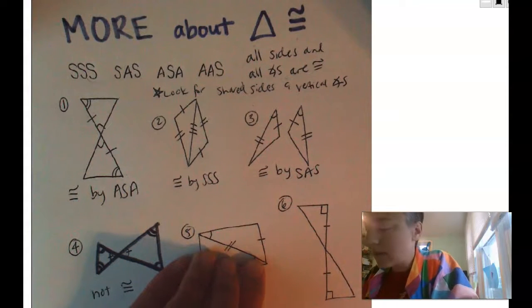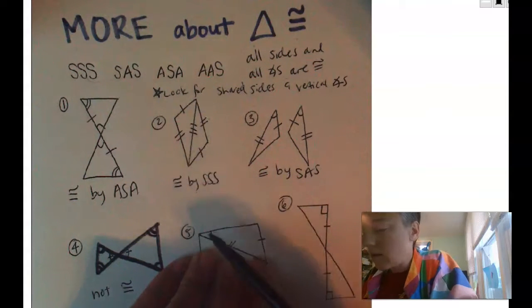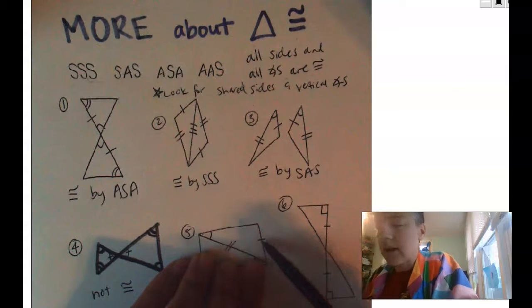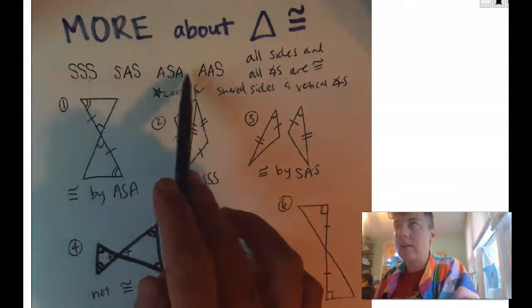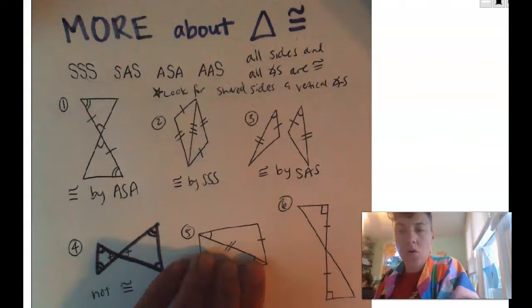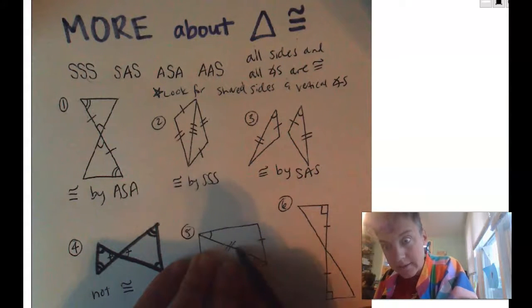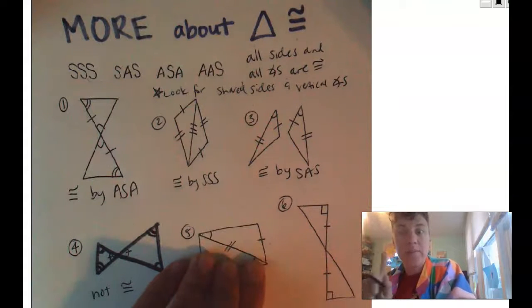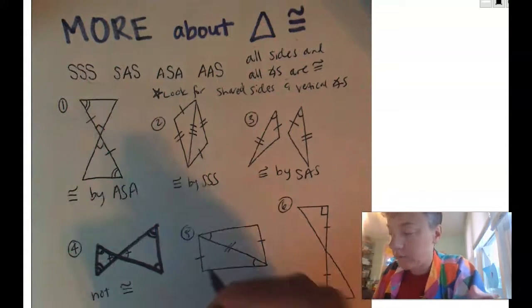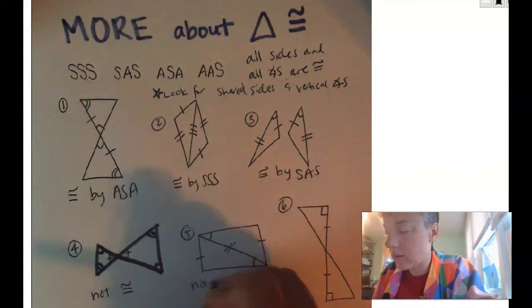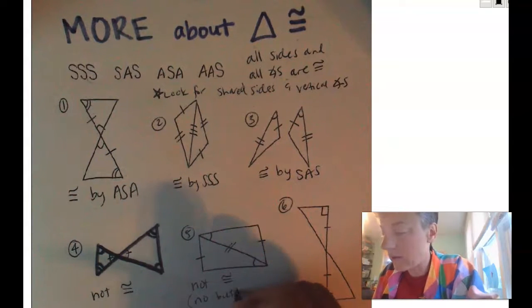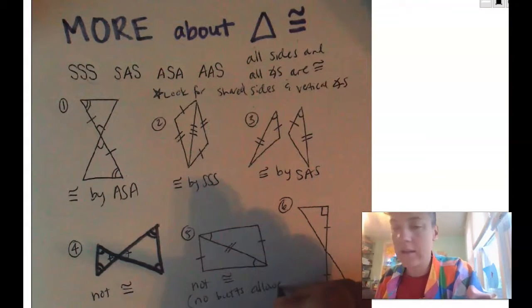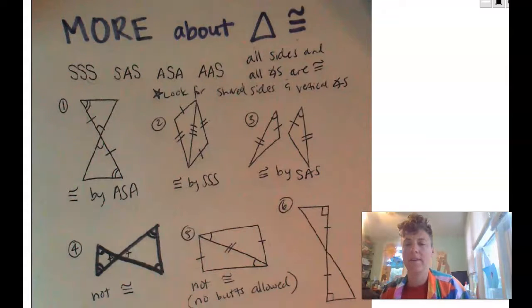We've got, looks like angle, side, side. Is that one of our choices? Angle, side, side? No, because there's no buts allowed. No angle, side, side. Get it? No buts allowed. Not congruent. No buts allowed. That is not a way that we can show that triangles are congruent.